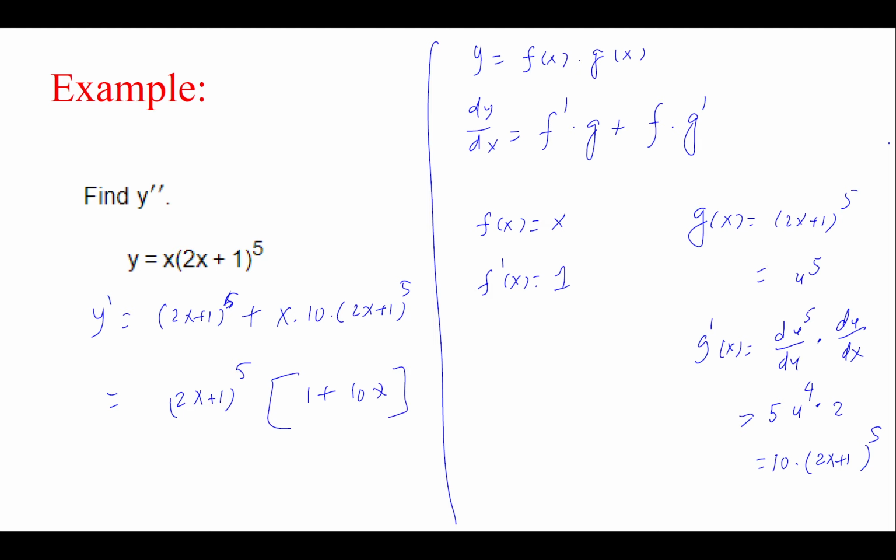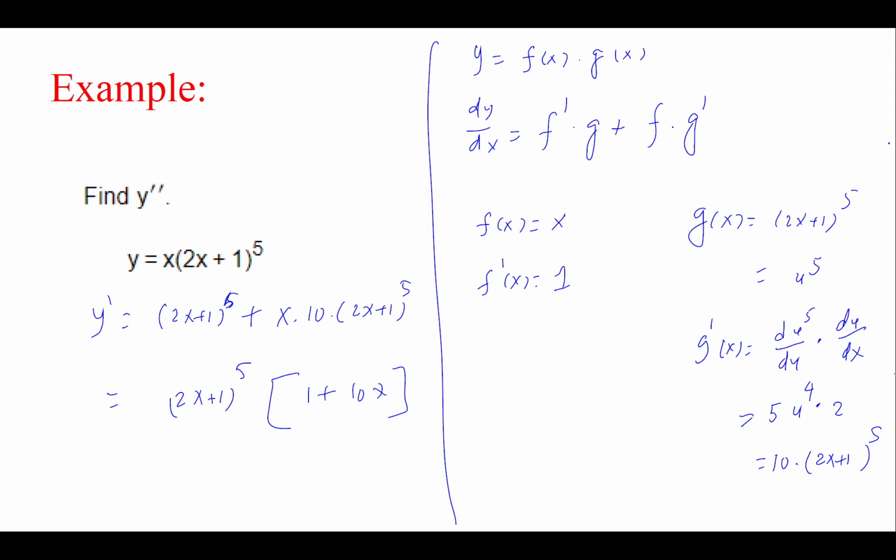Now look here, y prime is again a product of two different functions. So I can use the product rule again, and while finding the derivative of this part, I can use the chain rule one more time, because this is g of x and this is another function.